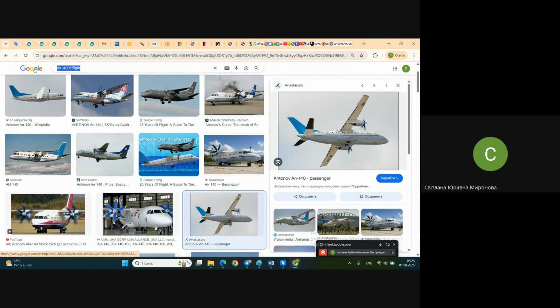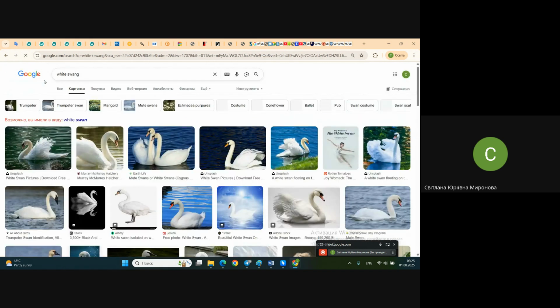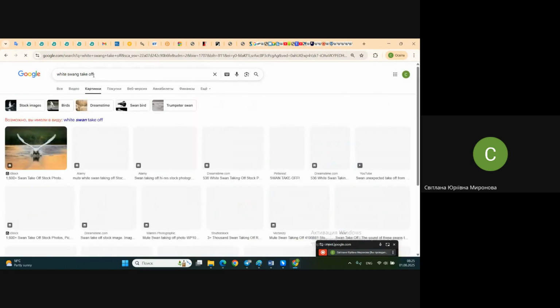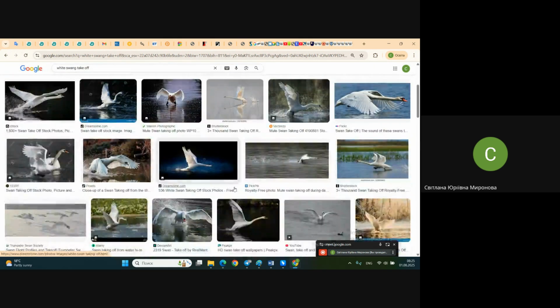I will do it right now here. This airplane is extremely elegant during takeoff and very similar to the takeoff of this bird.